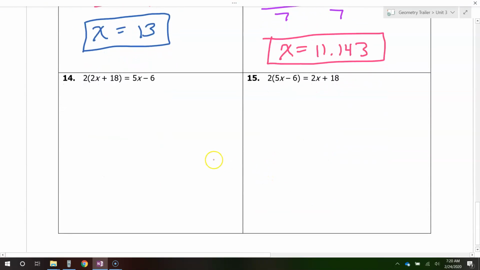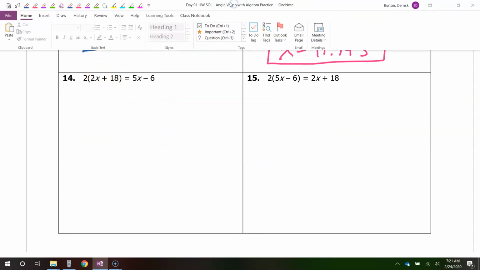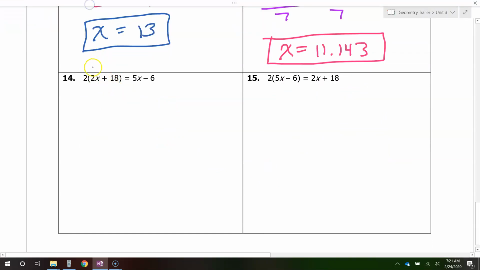Okay, these last couple problems have parentheses in them. We are undaunted. You remember that when you have a number and then parentheses, you're going to do the distributive property. So 2 times 2x will be 4x, and then 2 times 18 is 36.